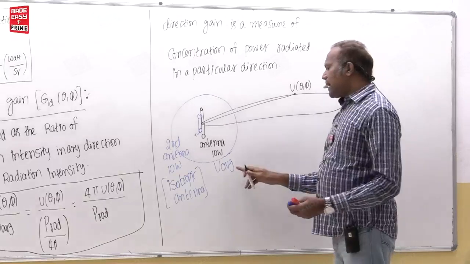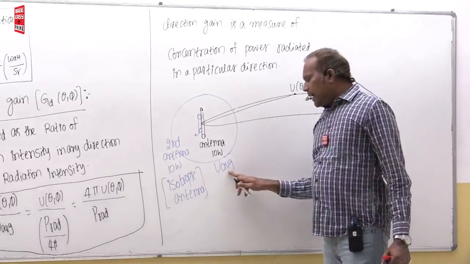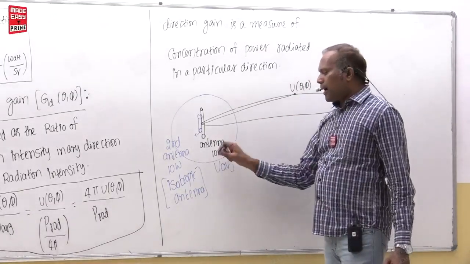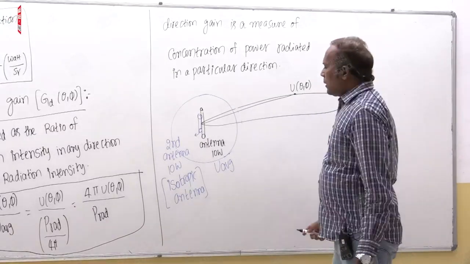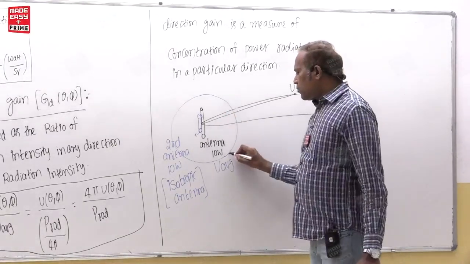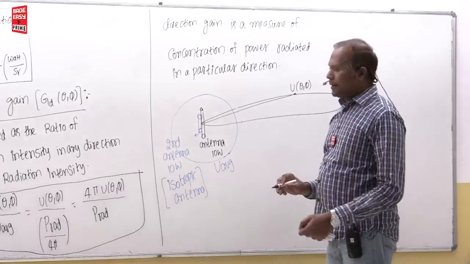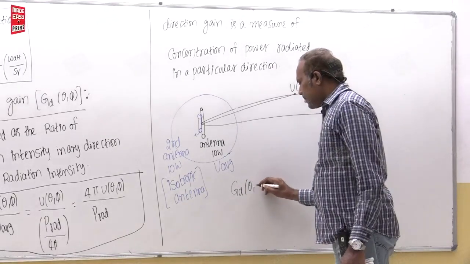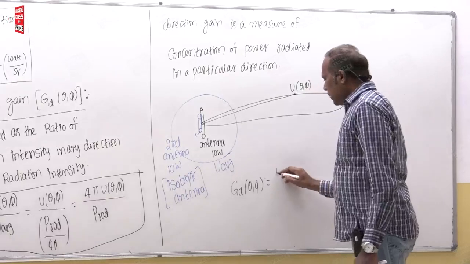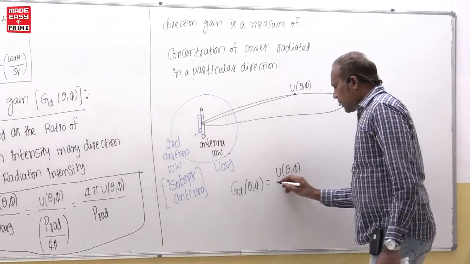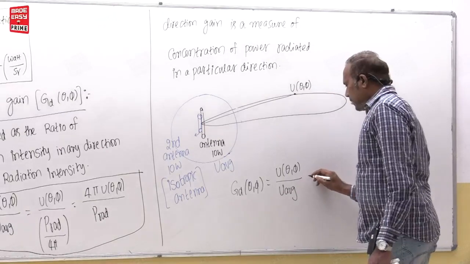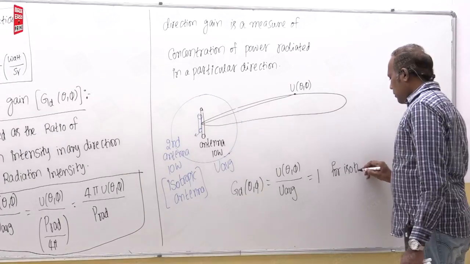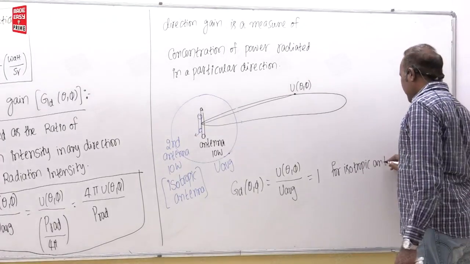Now U average has two names: average radiation intensity of any antenna, or average radiation intensity of an isotropic antenna. Now, do you know what is the gain of this isotropic antenna? Directive gain is equal to radiation intensity in any direction divided by average radiation intensity, that is equal to 1 for an isotropic antenna.